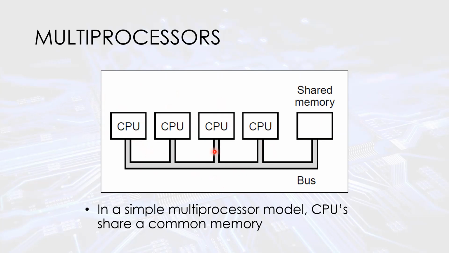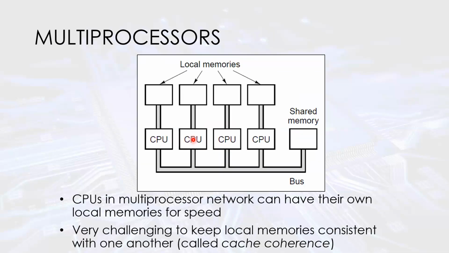One is that I have all these CPUs with a shared memory that is external to the CPUs themselves. The other configuration is that each CPU has its own memory, and then there's also a shared memory. Maybe this is connected over a local bus. If these are actual different computers, then you can think of this bus as a network of some sort.